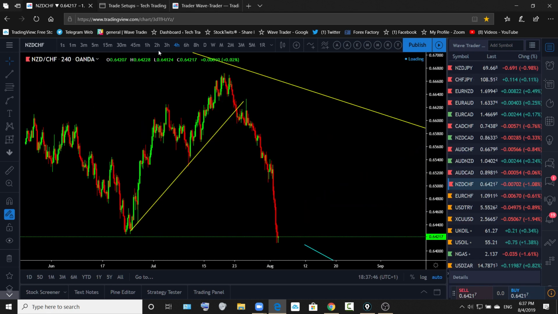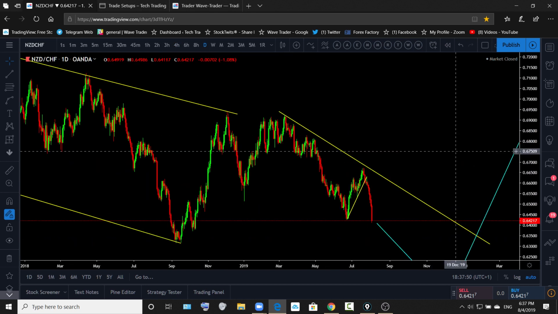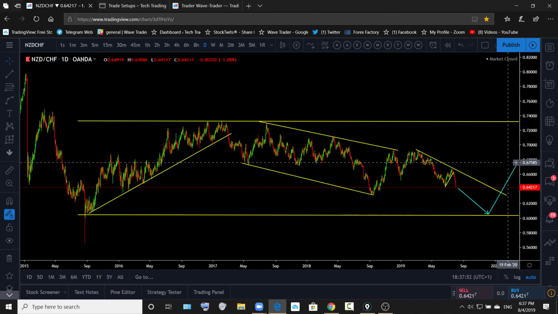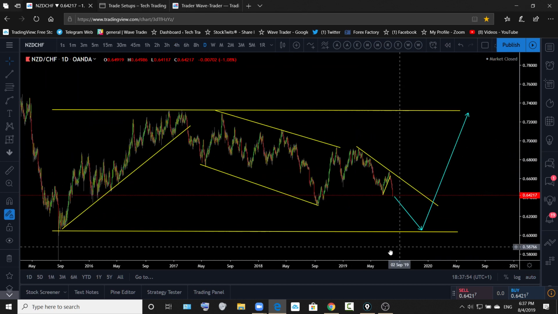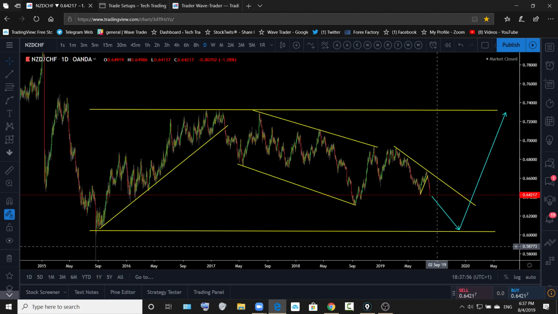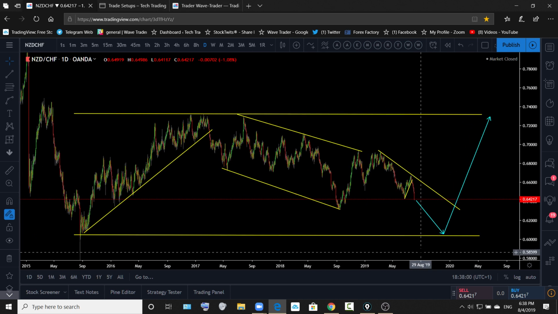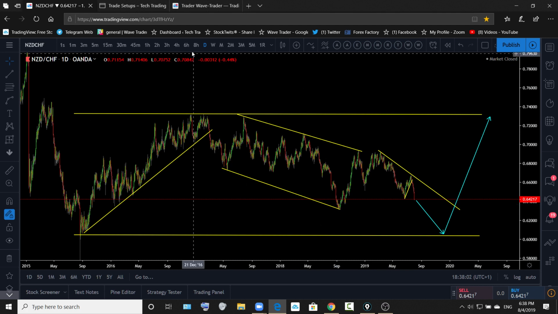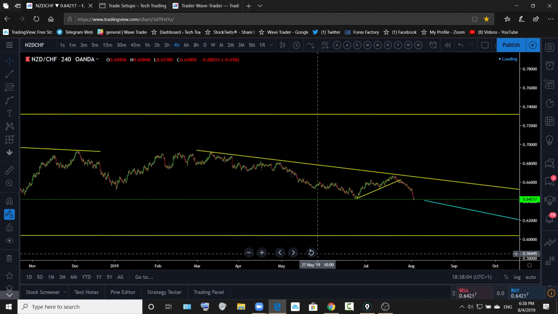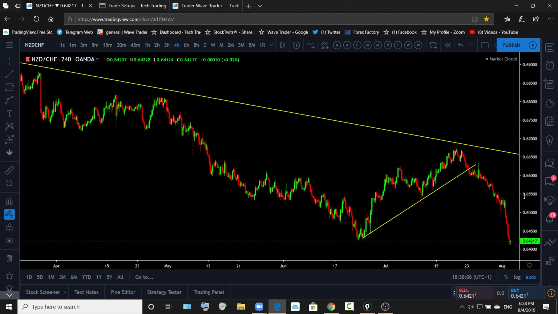Kiwi Chief also went lower very aggressively because Chief was strong, and this can do that kind of stuff as well, guys. So we can see continuation on the Kiwi Chief as well, right? Chief has to get stronger, keep getting strong.